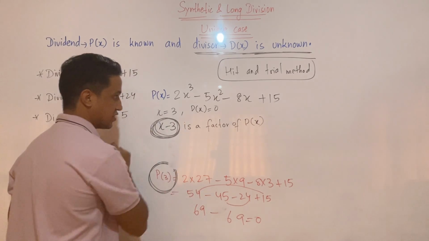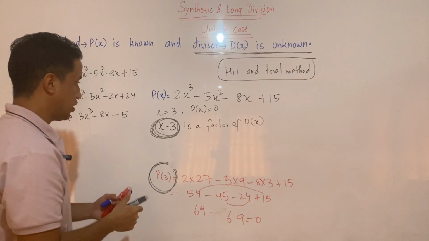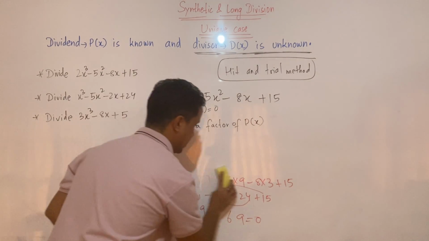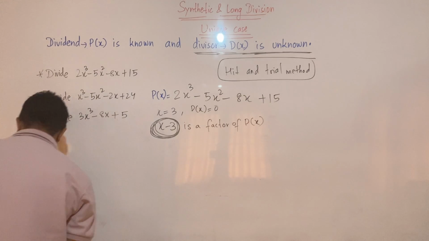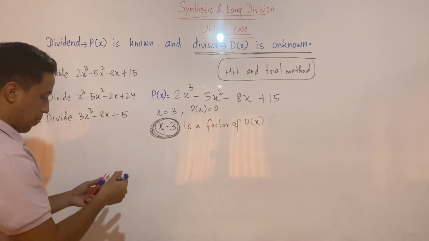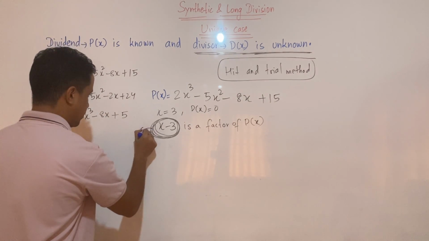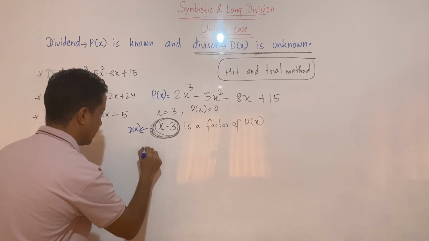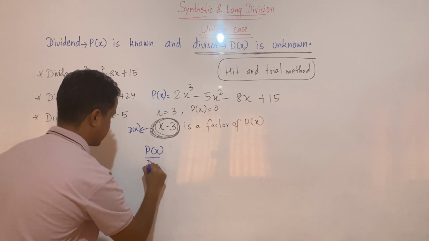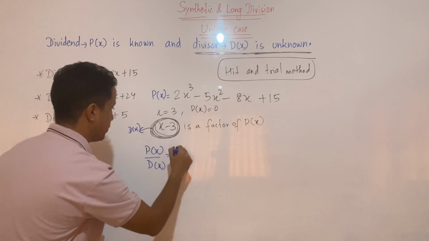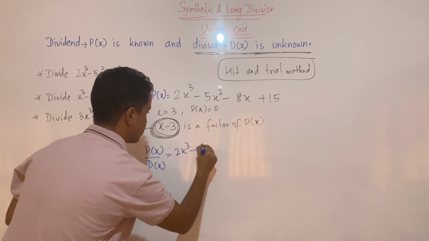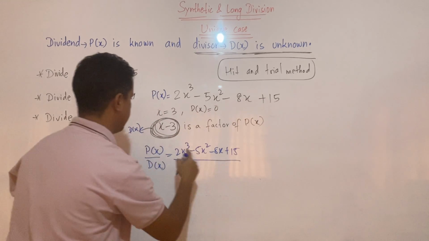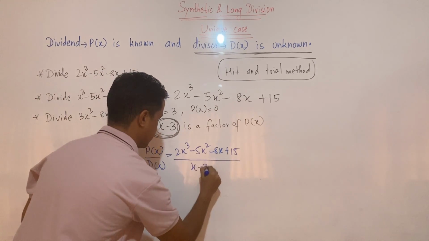It will become d(x). Now the question becomes p(x) by d(x), which is 2x cubed minus 5x squared minus 8x plus 15 over x minus 3.